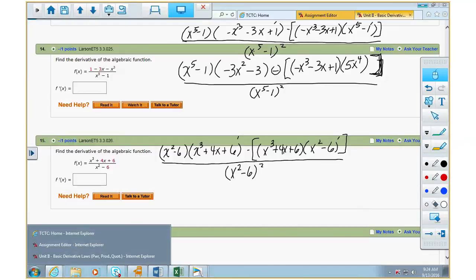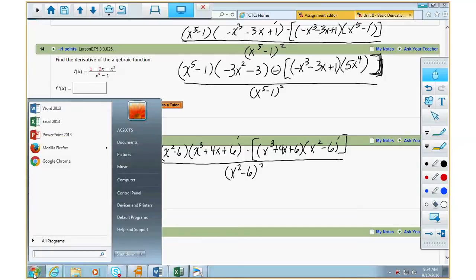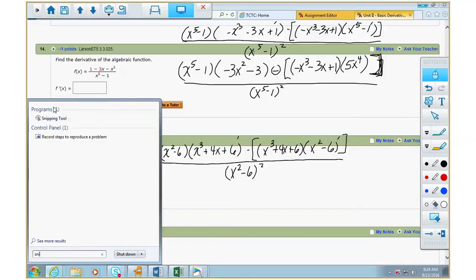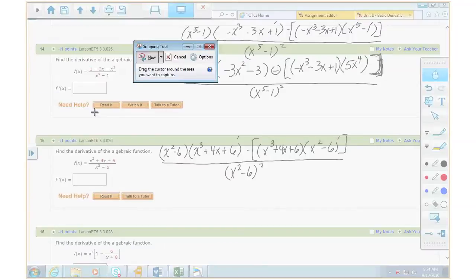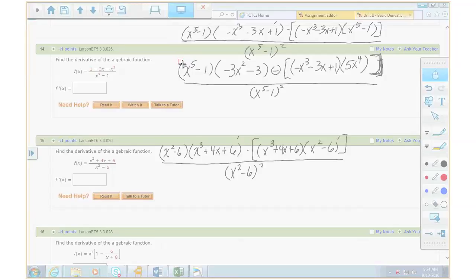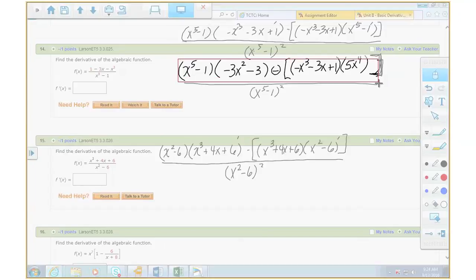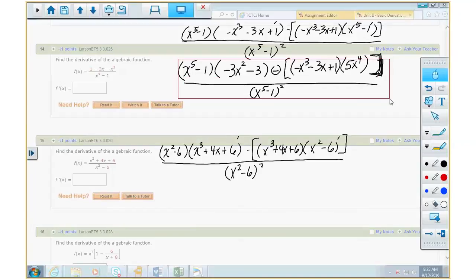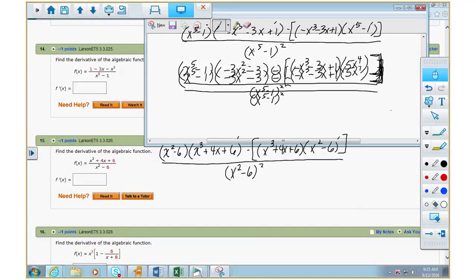Where's my snipping tool? I got rid of it. Let's see if I can copy this out. Yeah, I did this in training.